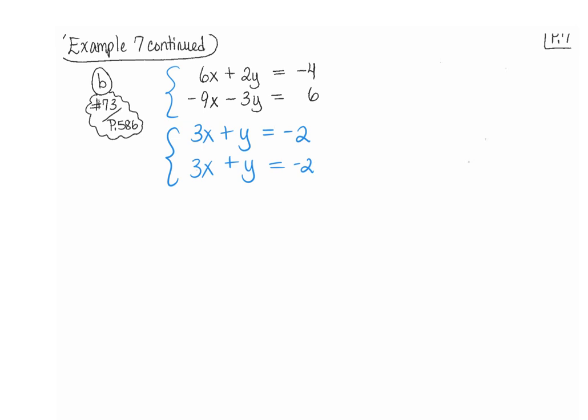These equations are the same, right? So how many solutions do you expect to have? You're very good. Infinitely many. You expect to have infinitely many because the equations are the same.